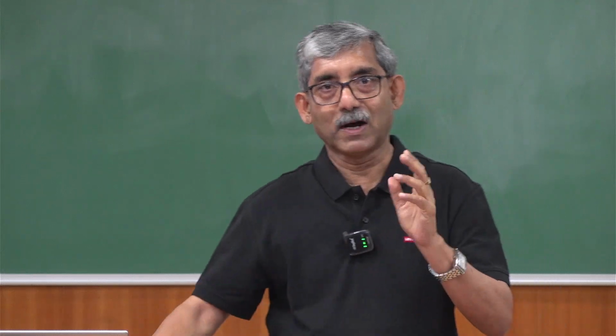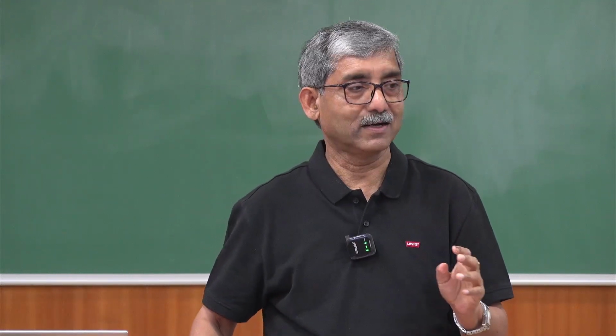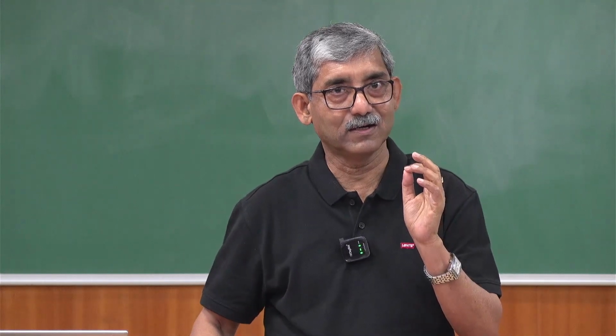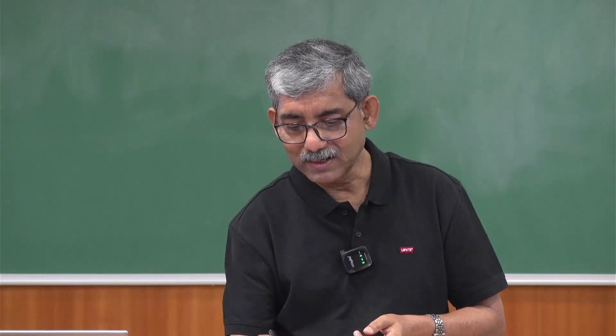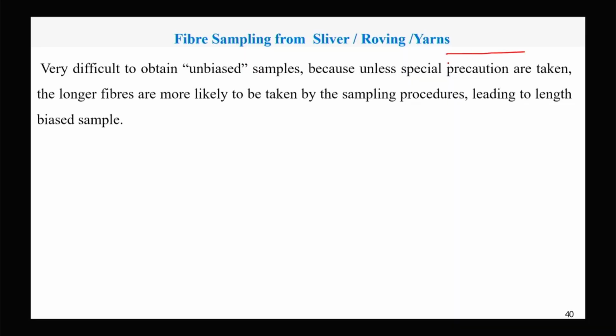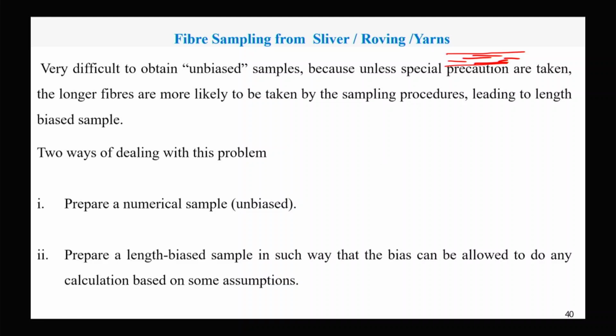But from sliver, roving or yarn, the fibers are randomly arranged longitudinally. This is the process which we have done already in carding and draw frame. Okay. Unbiased sampling.